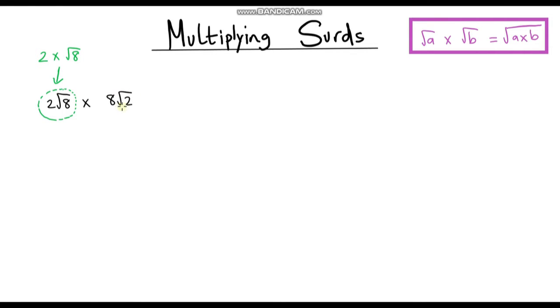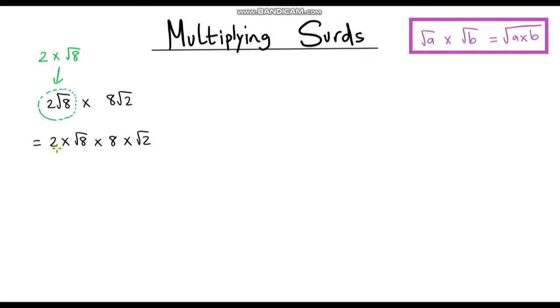Just like this one over here, 8 root 2, that means 8 multiplied by root 2. So just to make things a bit easier, as this is the first time we're going through this, I'm just going to rewrite this. So this is going to be 2 multiplied by root 8 multiplied by 8 multiplied by root 2. So that's what all of this means.